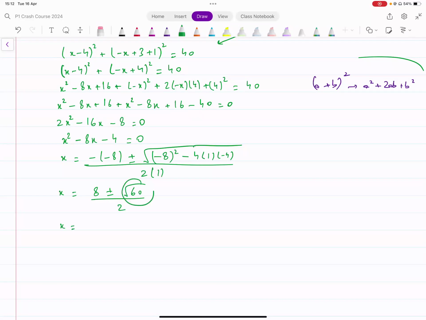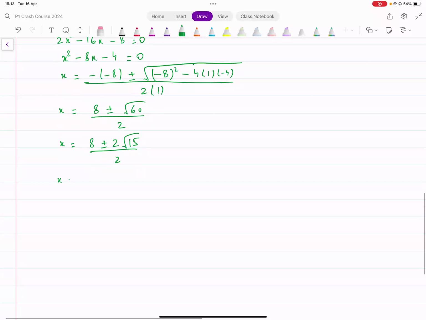Now put square root of 60 in your calculator and see if that simplifies it in any way. Square root of 60. Yeah, so it becomes 2 under root 15. And then you take 2 common from the numerator and cancel it out to get 4 plus minus square root of 15.